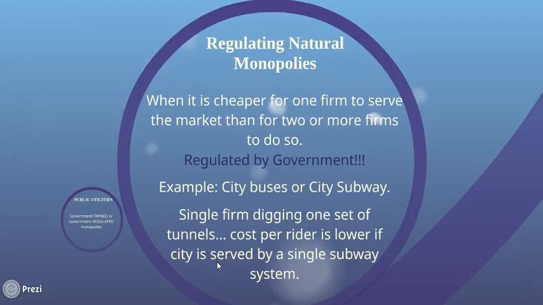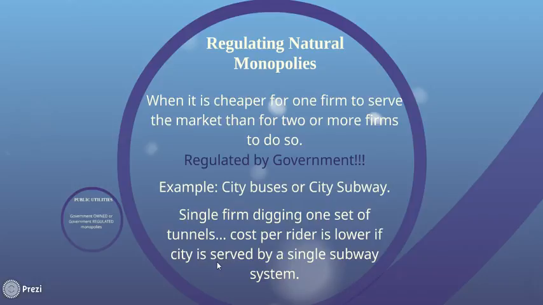Subways go underground, you have to dig tunnels, you have to support what you're digging through. So a city subway service is delivered more efficiently by a single firm digging one tunnel system than by competing firms, each digging its own. The cost per rider is lower if the city is served by a single subway system.